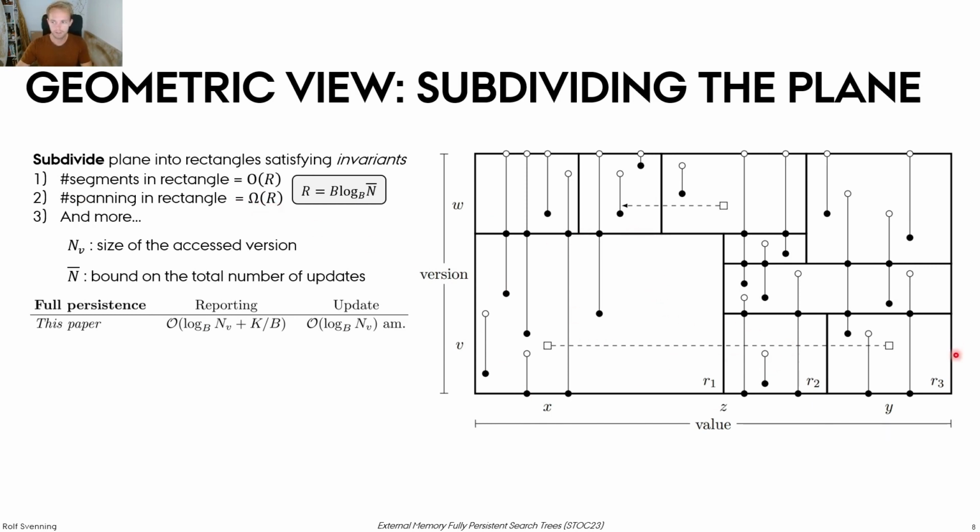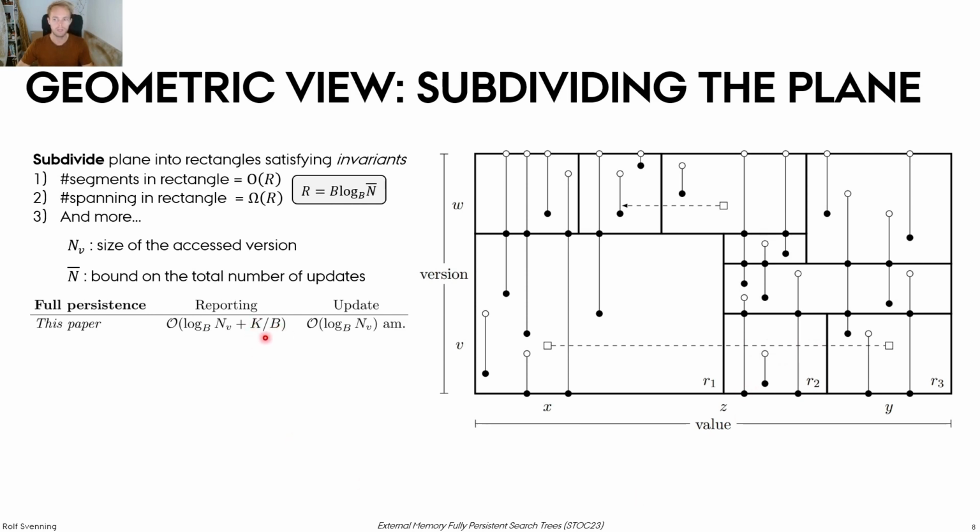And the reason why we have this invariant is that for a range query you have a leftmost rectangle and a rightmost rectangle, and then you have a bunch of middle rectangles. But for all the middle rectangles, you're actually guaranteed to report all the spanning segments. And now, since the spanning segments are at least a constant times all the segments inside the rectangle, we are outputting enough that the total time we spend on dealing with this rectangle, we can actually charge to this output term here.